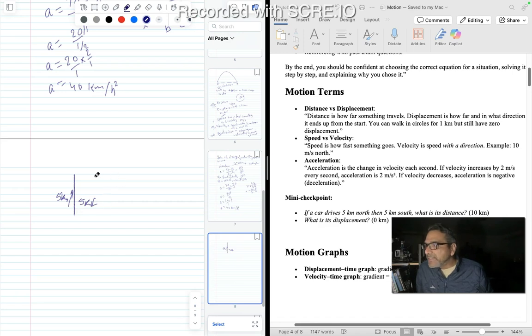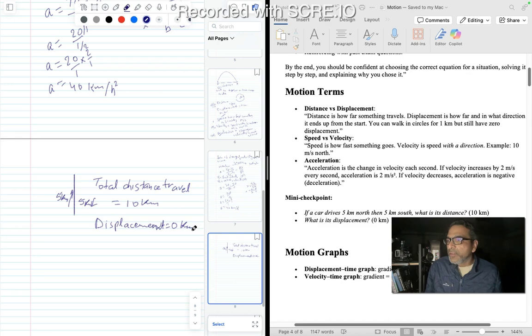Total distance traveled is equal to 10 kilometers. But what about the displacement? Perfect. So now you know what the terms mean exactly, right?